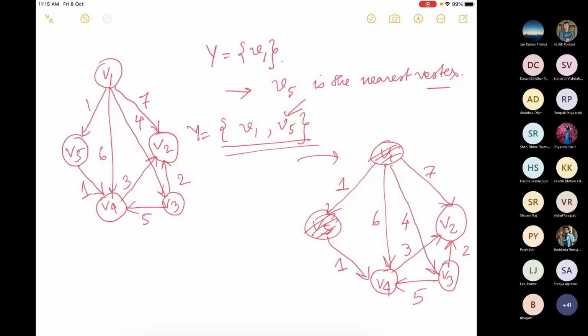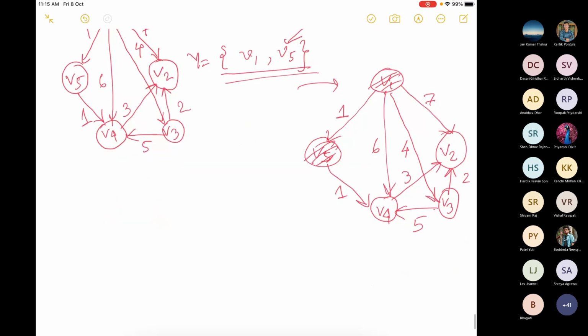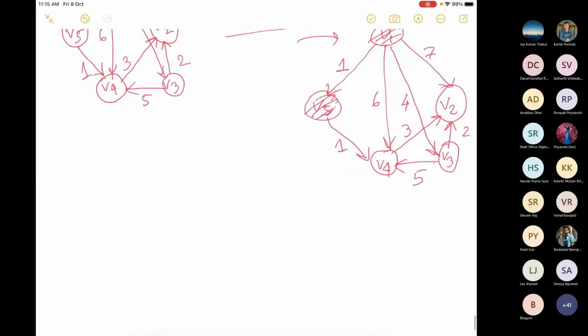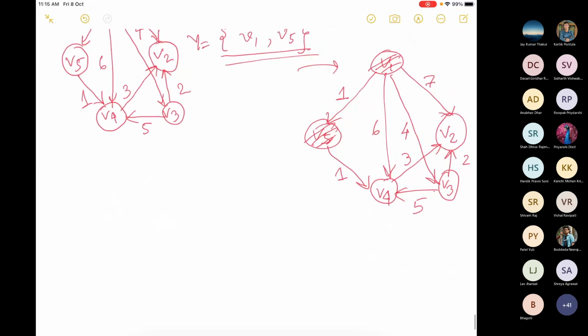This intermediate idea is very similar to the DP approach that we saw earlier. So V5 gets added. What should be the next vertex? V4.